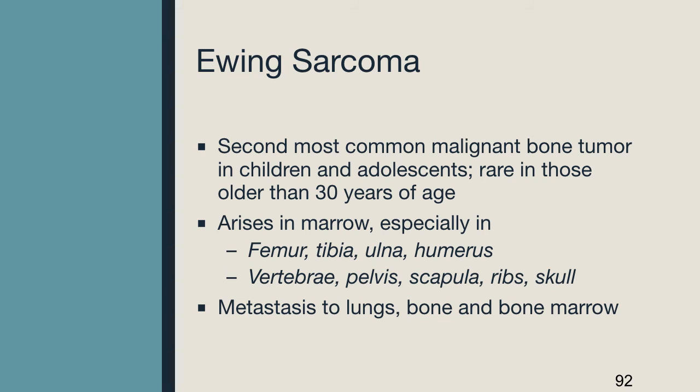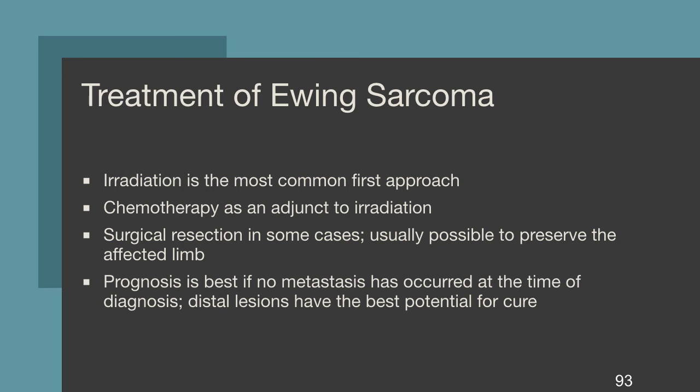Both types of sarcomas, the Ewing's and the osteosarcoma, if it metastasizes, it tends to go to the lungs. If it doesn't go to the lungs, it goes to another bone or the bone marrow. The treatment of Ewing sarcoma is radiation rather than osteosarcoma where we go in and do an amputation.